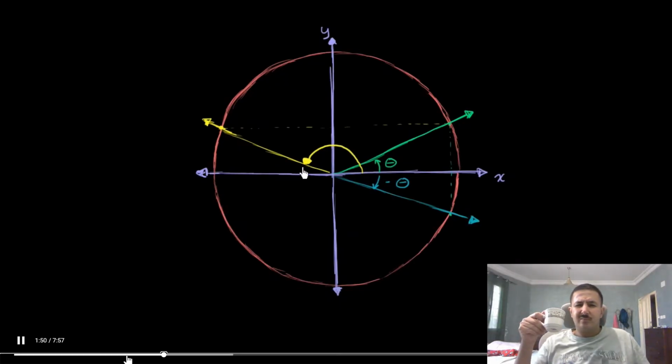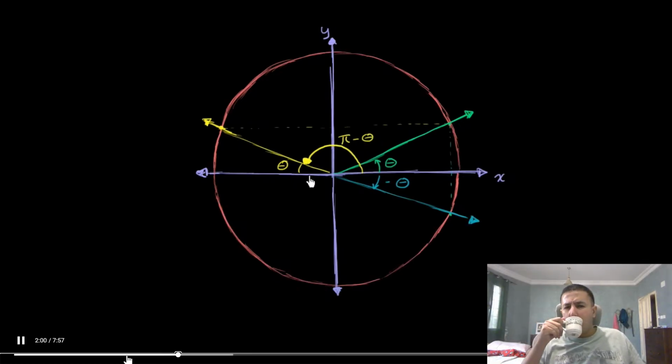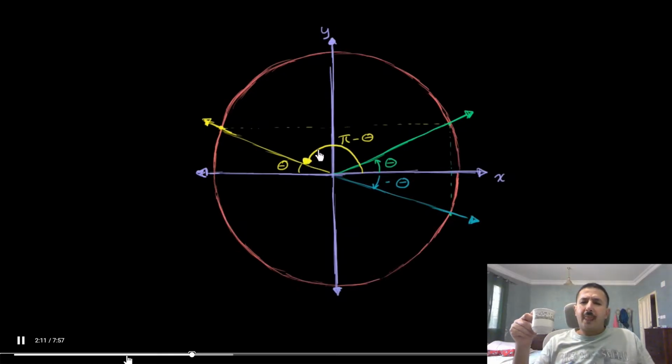So if this is theta, this is theta right over here, the angle that we want to figure out is going to be pi minus theta. Notice pi minus theta plus theta, these two are supplementary, and they add up to pi radians, or 180 degrees.